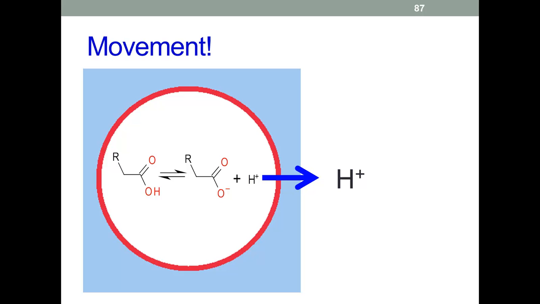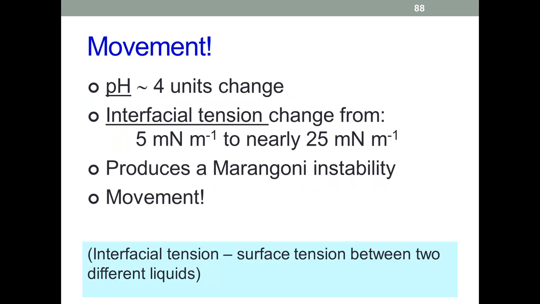These dissociate themselves, pumping protons out of the system, so we're changing the pH around the droplet. It's quite a big change. A 4 unit change in pH is significant. If you remember, pH is a log scale, so that's a 10,000 times change in the concentration of hydrogen ions.